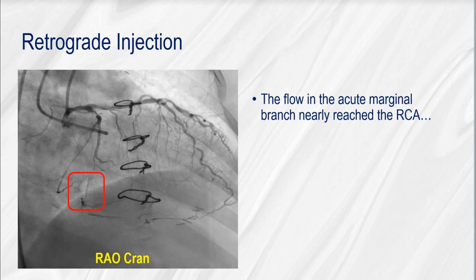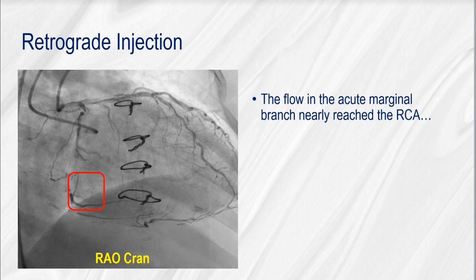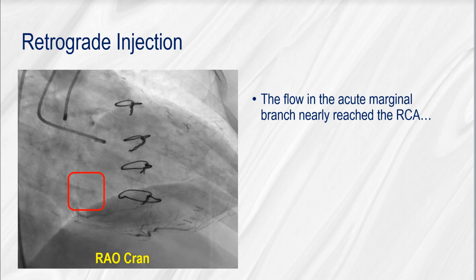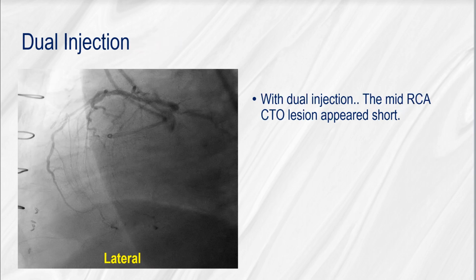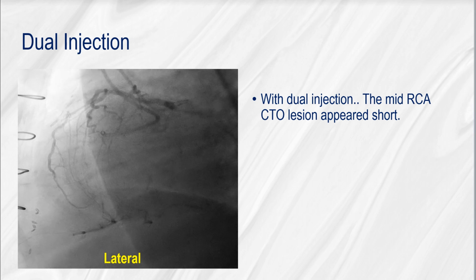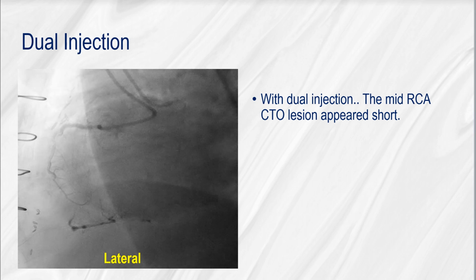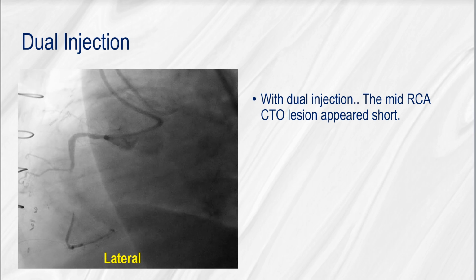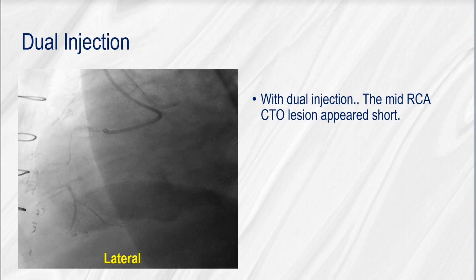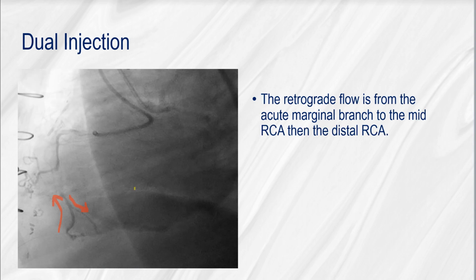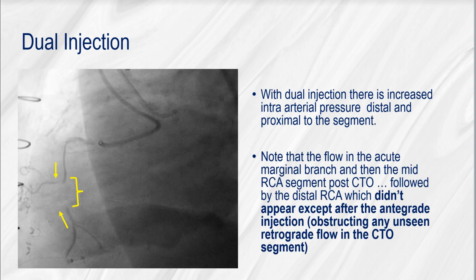With retrograde injection, the flow in the acute marginal branch nearly reached the RCA. With dual injection, the mid-RCA C2O lesion appeared short. The retrograde flow is from the acute marginal branch to the mid-RCA, then the distal RCA.